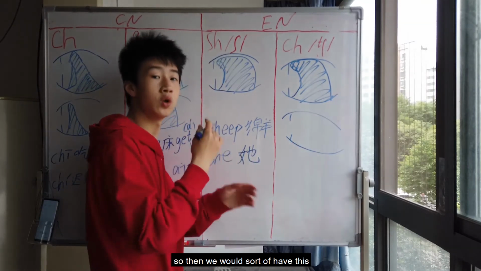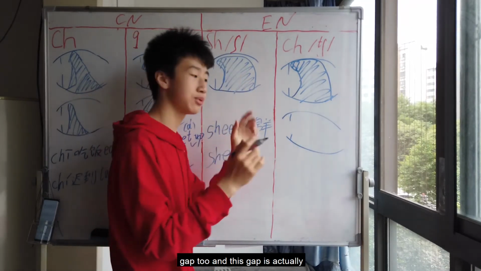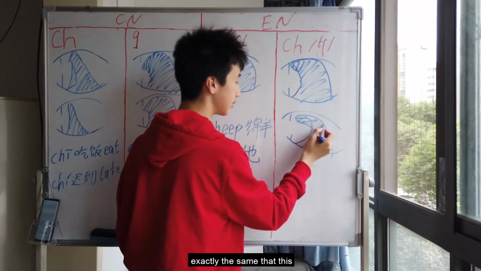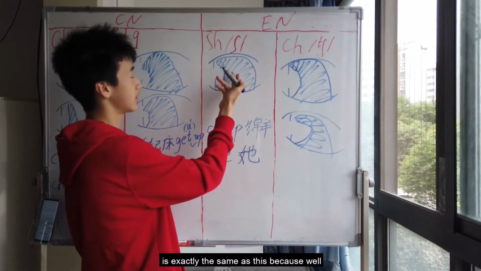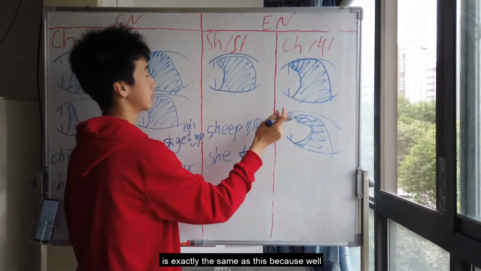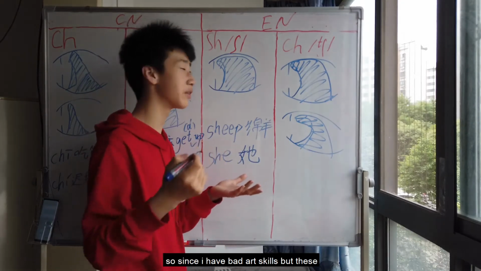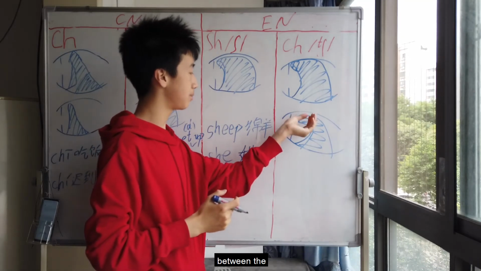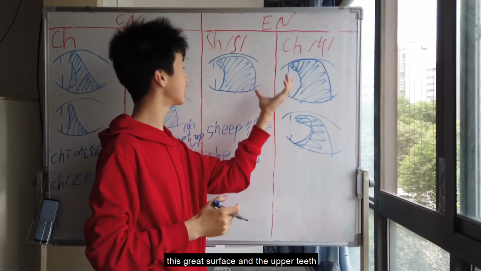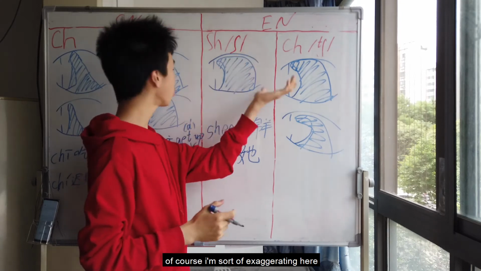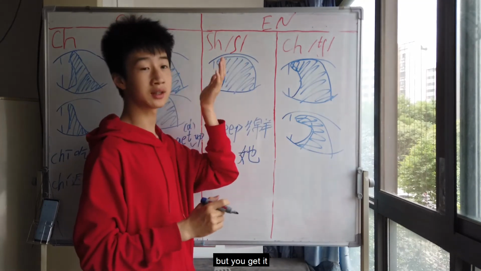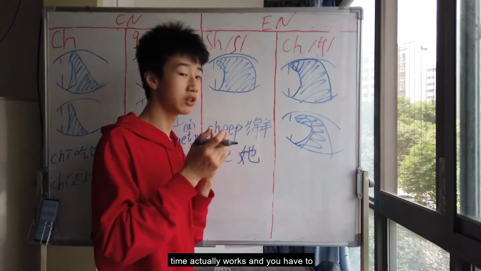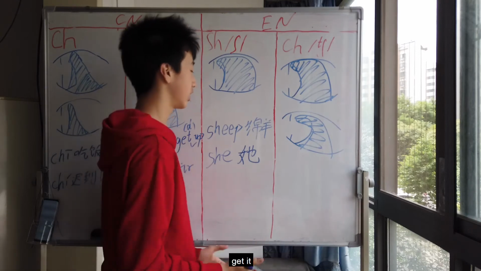So then we would sort of have this gap too, and this gap is actually exactly the same as this. It doesn't seem so since I have bad art skills, but these two are actually the same, and you can see there's a gap between this gray surface and the upper teeth. Of course, I'm sort of exaggerating here, but you get it. It's just a map that shows you how the tongue actually works, and you have to try it out a few times to actually get it.